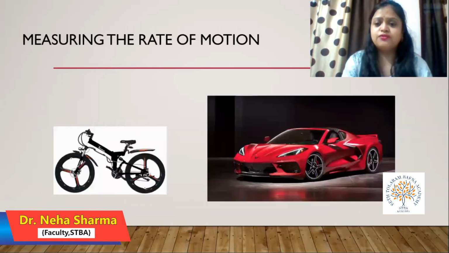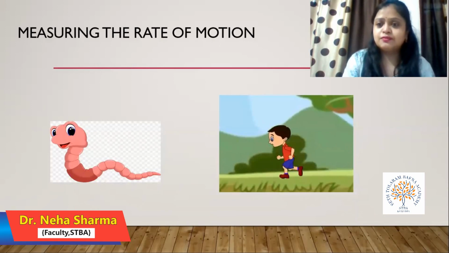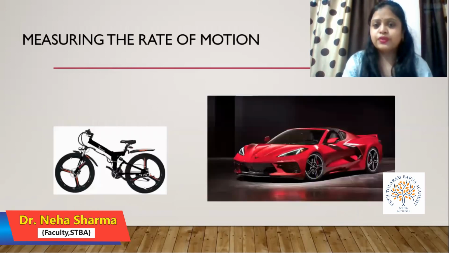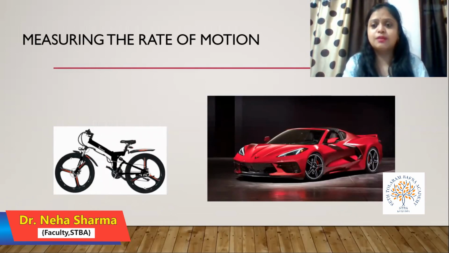The boy is moving fast, whereas this earthworm is moving very slowly. Similarly, if you are driving a car, you take very little time to reach a particular position, whereas if you are using a bicycle, you take so much time to reach that position.